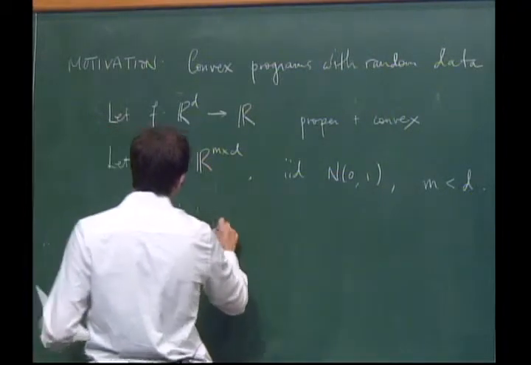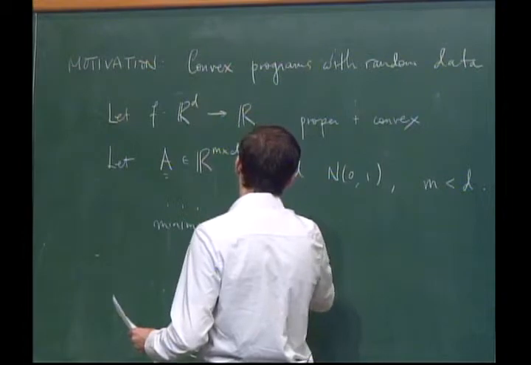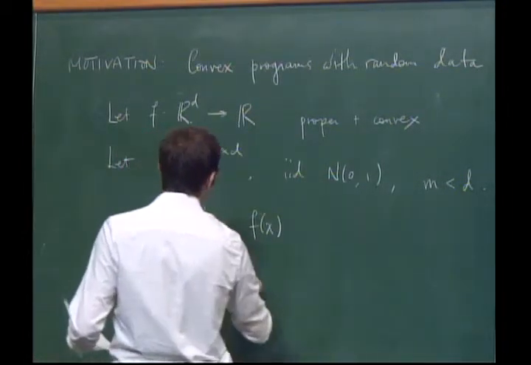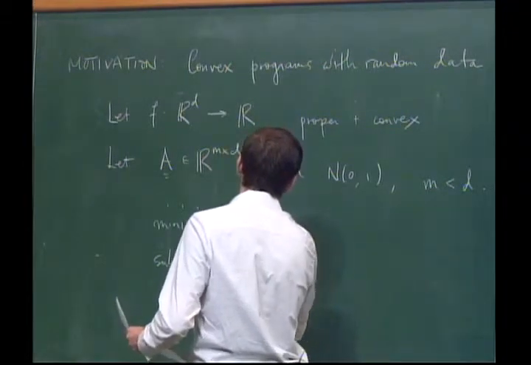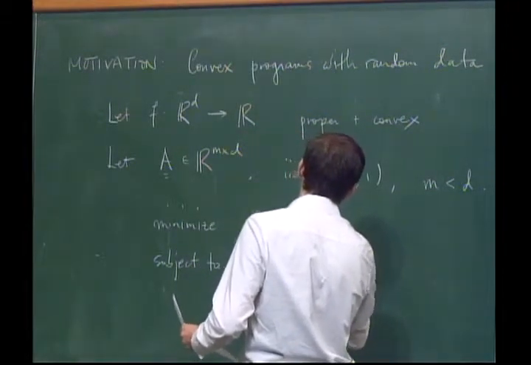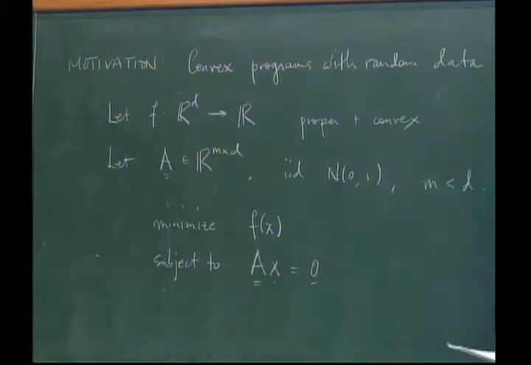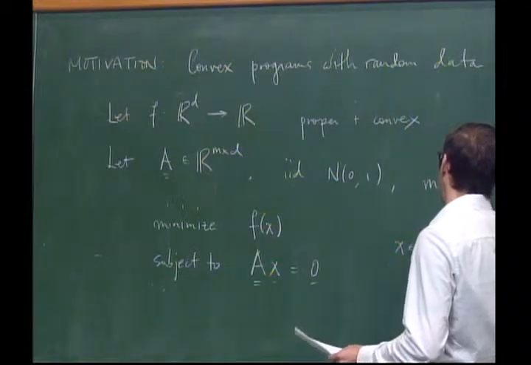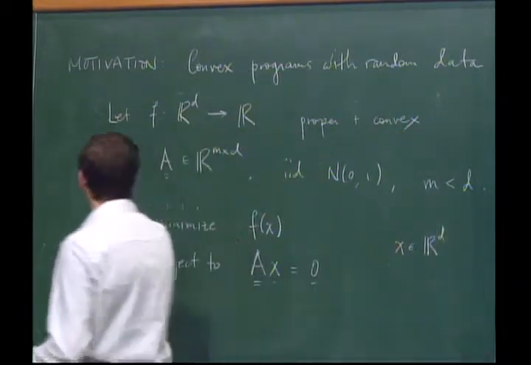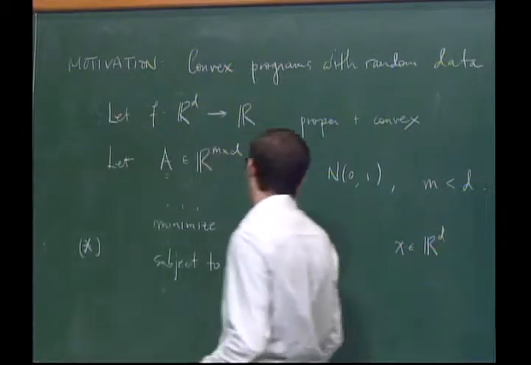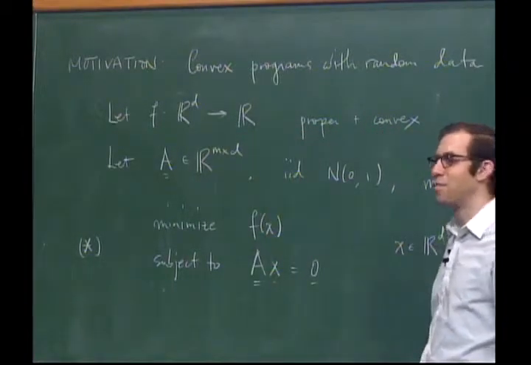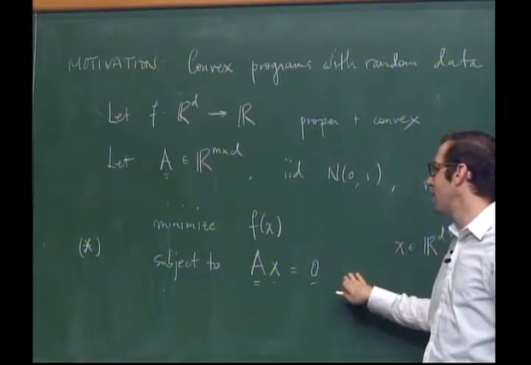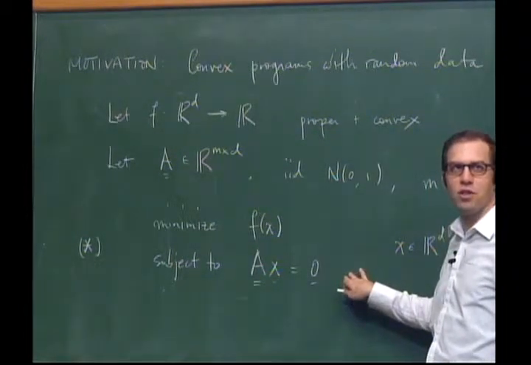Minimize this function f subject to the condition that Ax equals 0. And the optimization variable, of course, is x, which ranges over R^d. And this is clearly a convex optimization problem because the objective function is convex and we are minimizing it, and the constraints are linear equations.